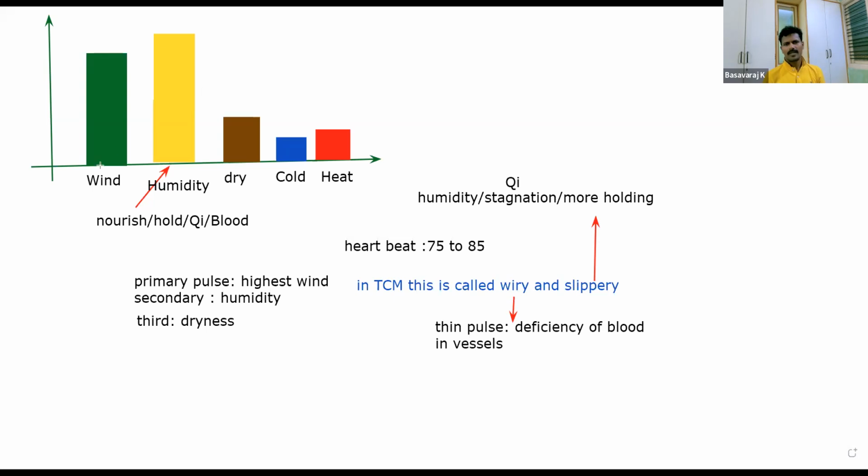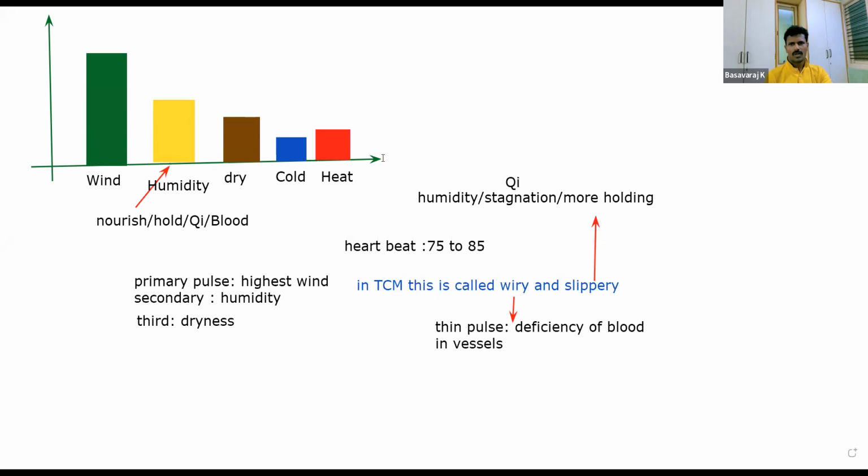If the humid wind is there, we call it a spleen blood deficiency. Or else, if humidity is lesser than wind, then we call it a liver blood deficiency.